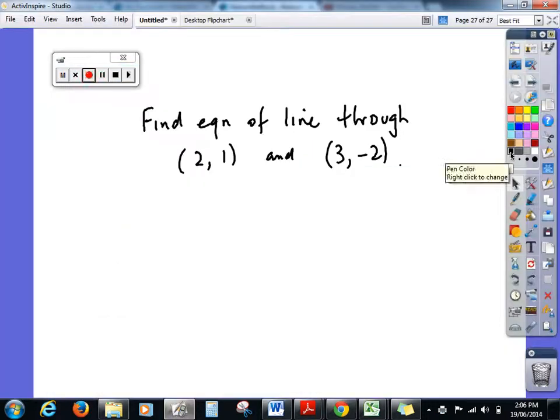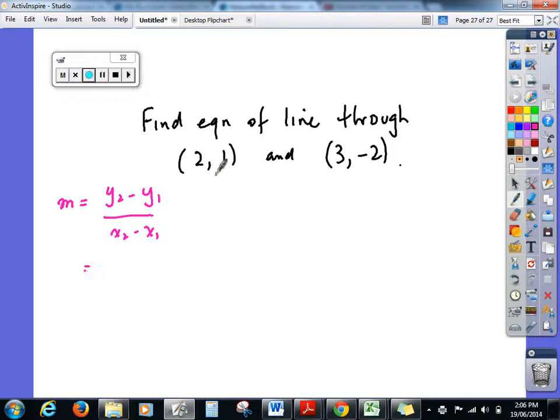Let's just find the gradient. Find the gradient using these 2 points. Now we already know how to find the gradient. The gradient is found by the formula m equals y2 minus y1 over x2 minus x1. And the good part, if you do this separately, it doesn't care which is the y2s and which is the y1s. You've just got to be consistent.